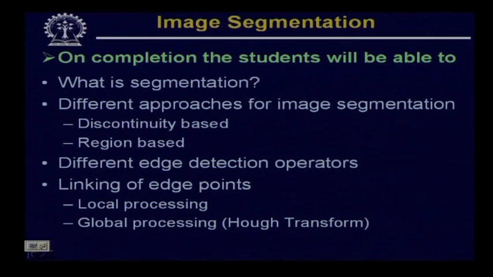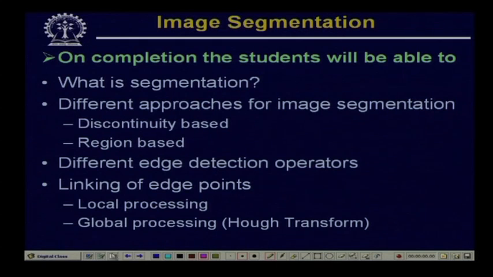Now, let us see what is meant by image segmentation. By image segmentation, what we mean is a process of subdividing an image into the constituent parts or objects in the image.